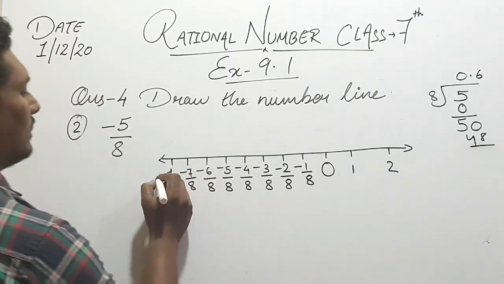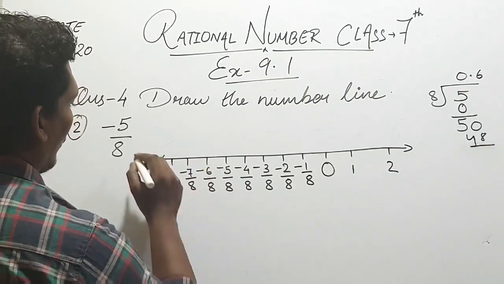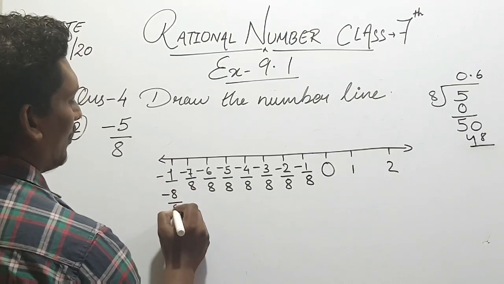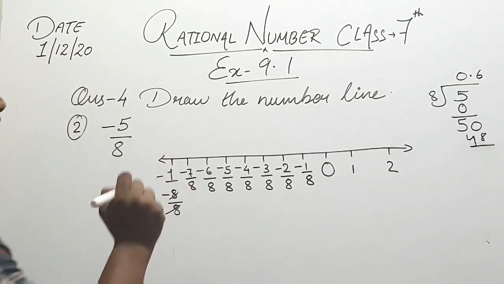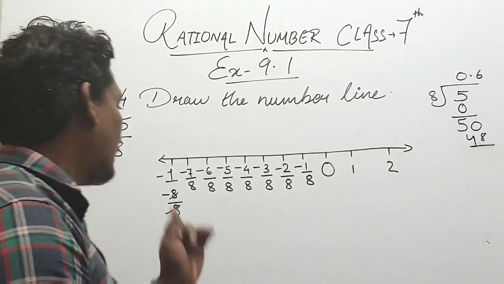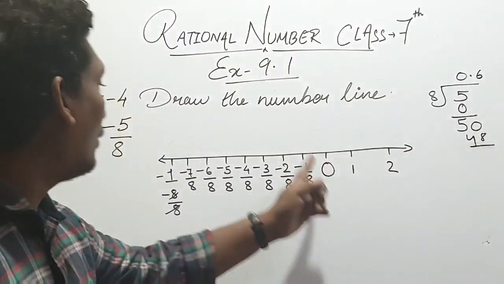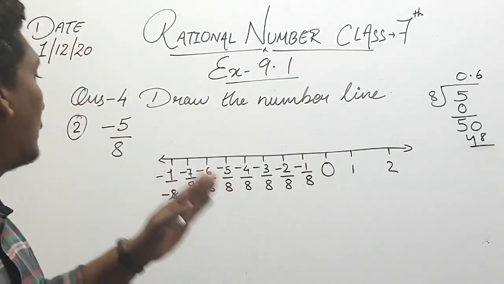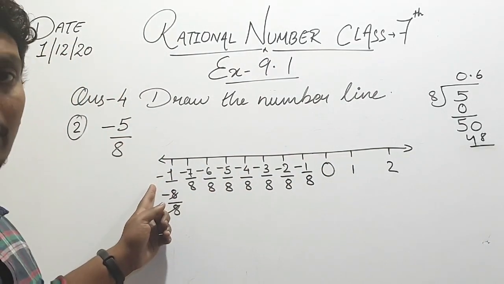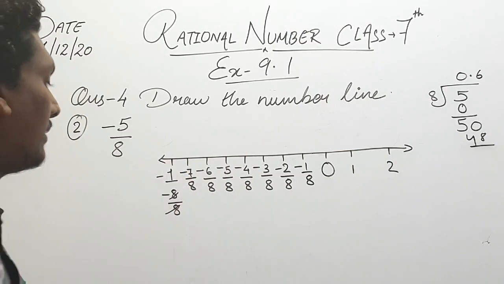Here is -8 upon 8; when we cancel this, we will get -1. So on this number line, -5 by 8 lies between 0 and -1. Since it's a negative number, that's why we have shifted to the left side, the negative side, right?